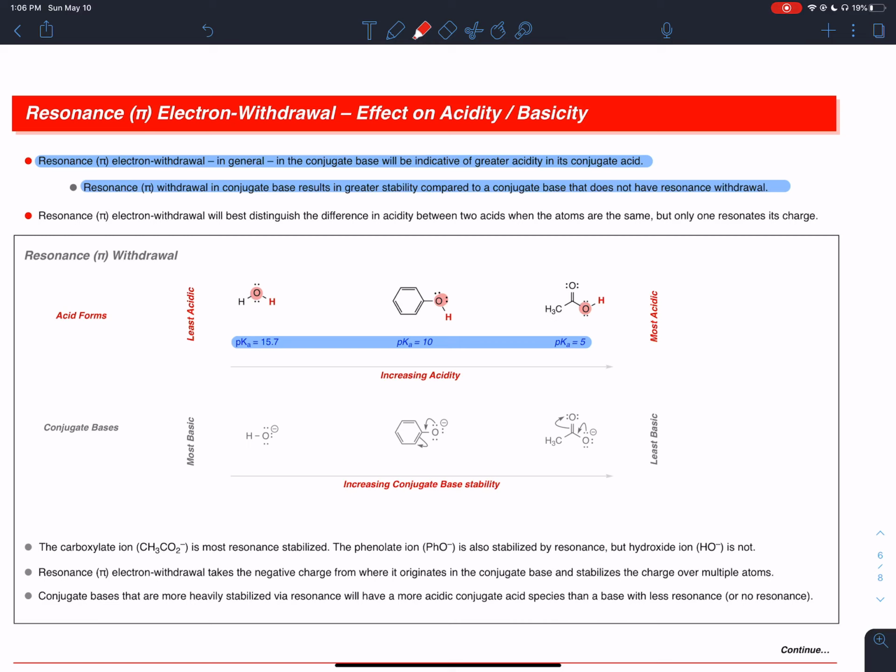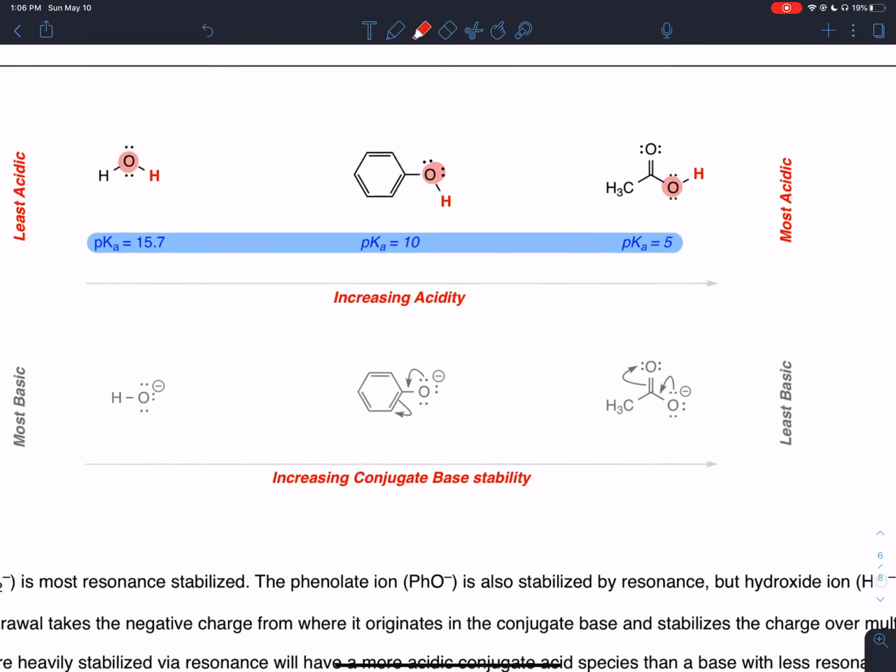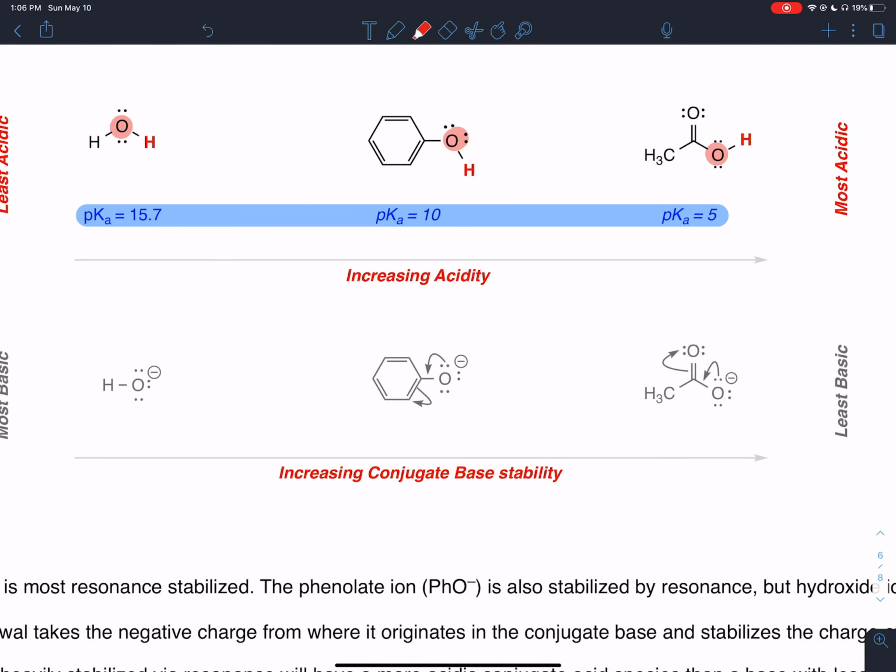Okay, so it's not going to be a difference in electronegativity or size or necessarily hybridization state that best describes the difference in acidity. It's electronic effects, and here it will be resonance withdrawal. So let's now deprotonate all of those acids and look at the conjugate base. So now we have O minus for each of these atoms, okay, the conjugate base forms.